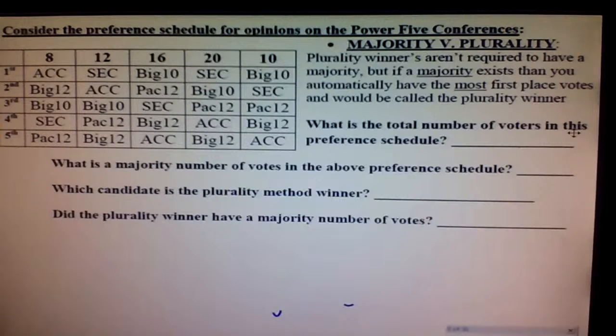So what's half of my total? And I need more than that for a majority. Yes, fantastic. Okay. So from what I hear you, more than half. So what's half of that?